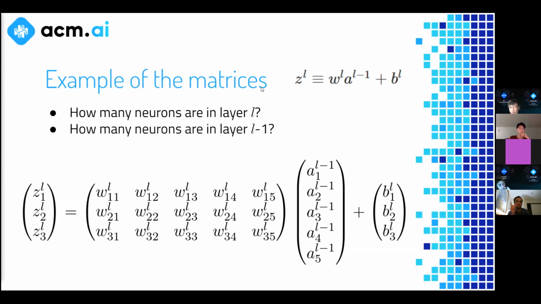I figure that's the case because we are taking a 5x1 vector, which I believe is our input vector, and multiplying it by the weight matrix, which represents the weights that connect one neuron to every neuron in the output layer.